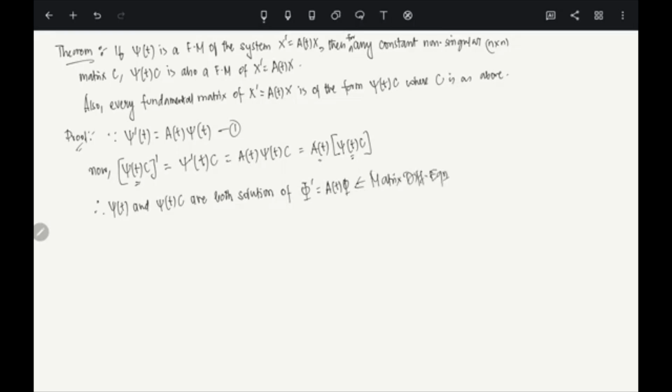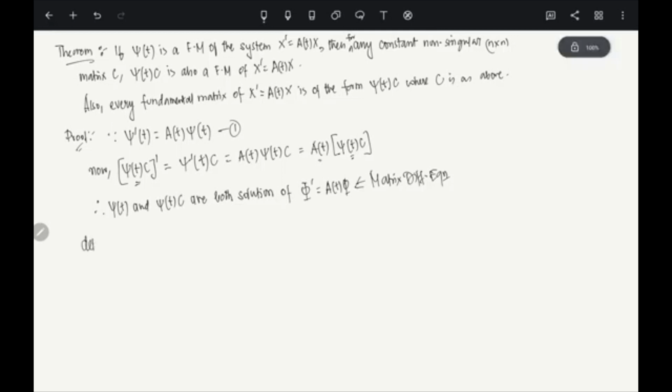Now, the important thing is how do you check something is a fundamental matrix. First of all, you check it satisfies the matrix differential equation, and the next check is about the determinant, whether it is non-singular or not.